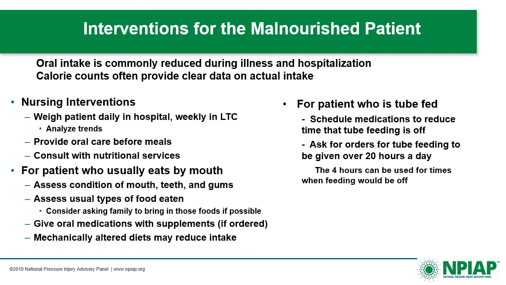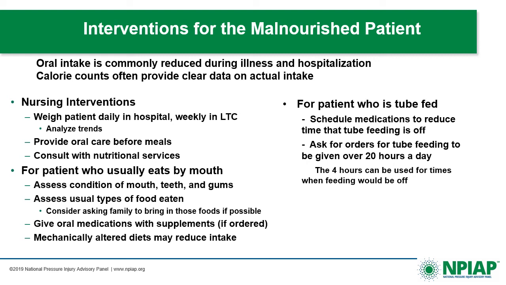Look at the usual type of food that they eat. Maybe their culture doesn't eat the foods that you're serving in the institution. And if that's the case, you may want to ask the family to bring in some of those foods if it's possible. It isn't always acceptable within the diet restrictions that they have, but at times the diet can be liberalized to make it possible.